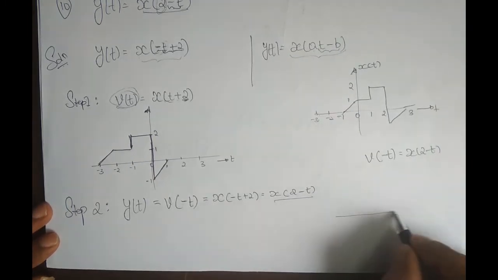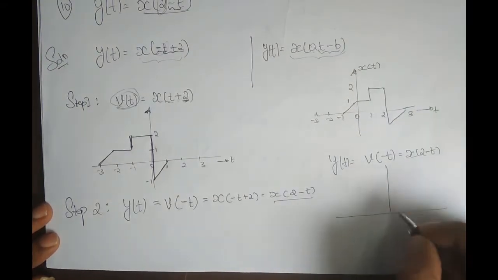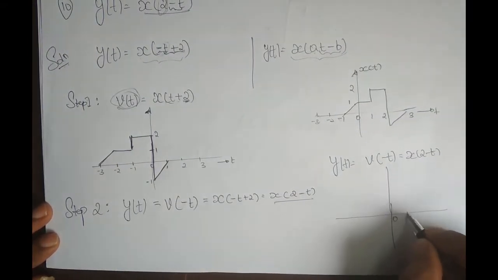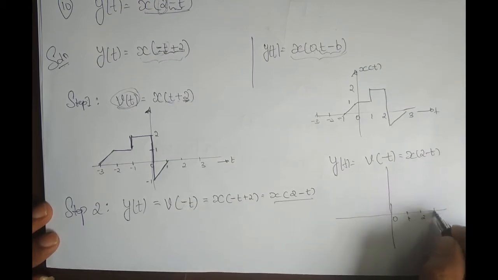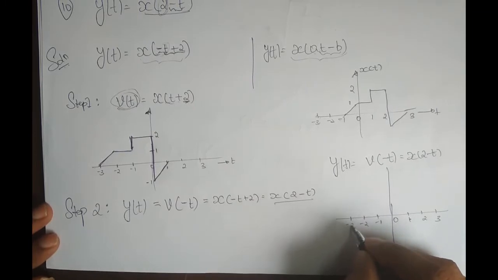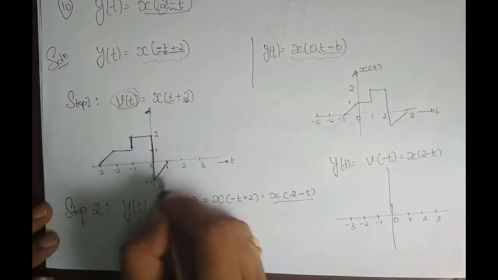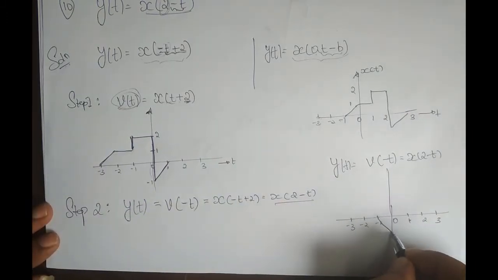This is our final y of t, with axes 0, 1, 2, 3, minus 1, minus 2, minus 3. So the amplitude in the positive side goes to negative. It looks something like this.